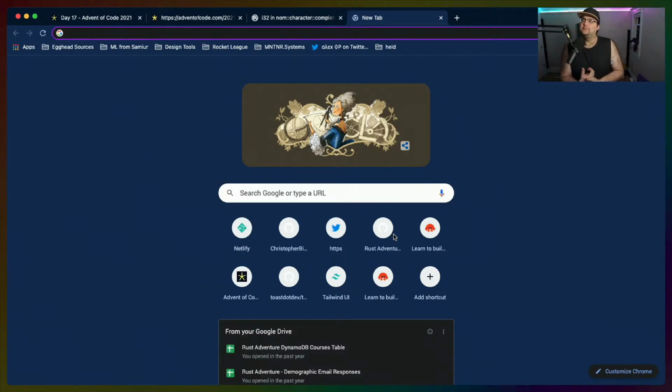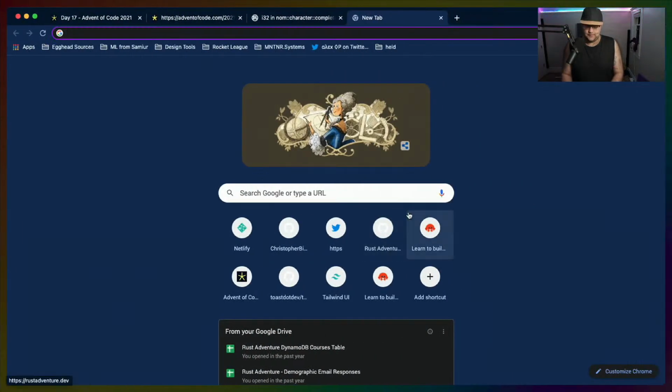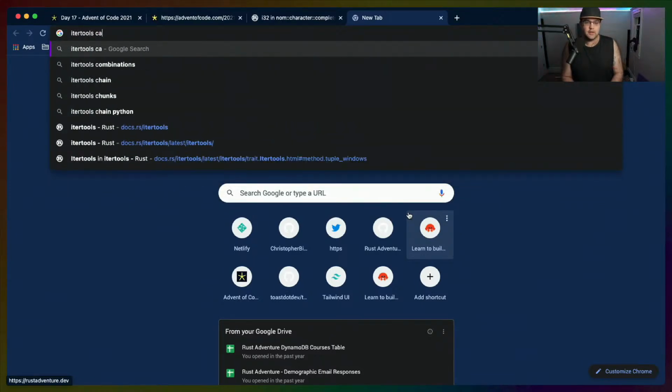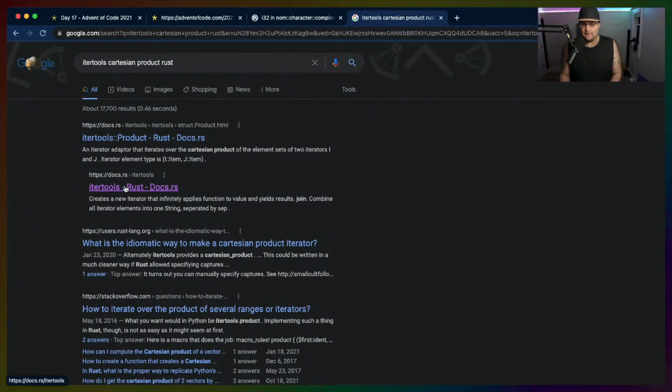How do we do that? We have those two. I don't want zip. I want a Cartesian product. Is that the right thing? itertools has that. So we could do itertools Cartesian product. And the only reason I know that this exists is because I've used it in Advent of Code before.